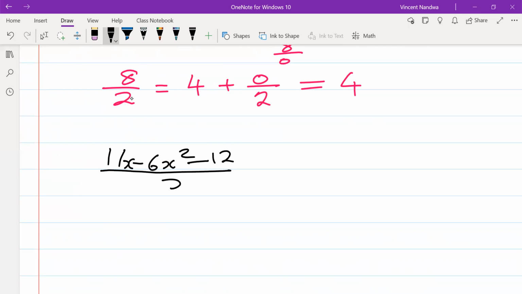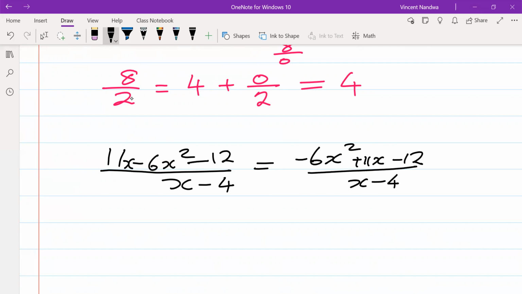We are dividing this by x minus 4. So when the dividend is not arranged such that we start with the term with the highest power and decreasing powers in that order, you do that arrangement. Then you write minus 6x squared plus 11x minus 12.